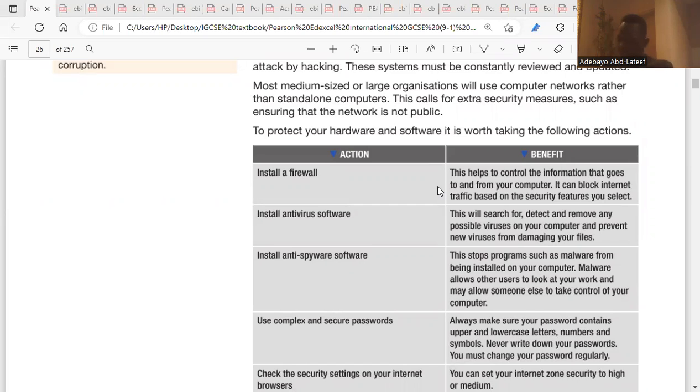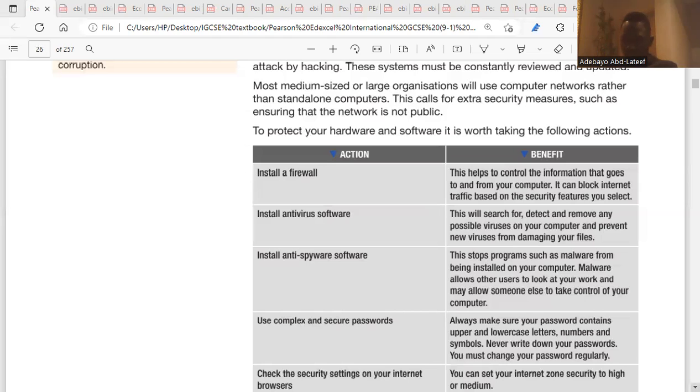Here I wrote: detect and remove any possible viruses on the computer and prevent new viruses from damaging the company's files. So when you have antivirus, it means you are protecting the system and the software from being contacted with viruses, because when a virus goes into your system, it gets corrupted and you might lose all the data. So you have to install antivirus software on your system.